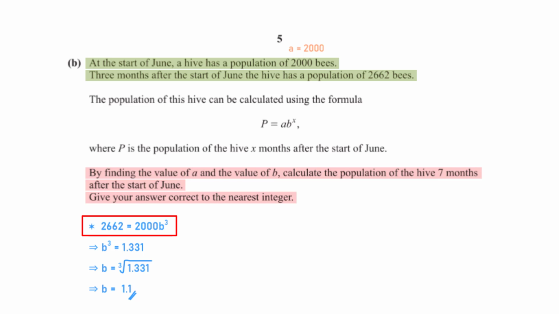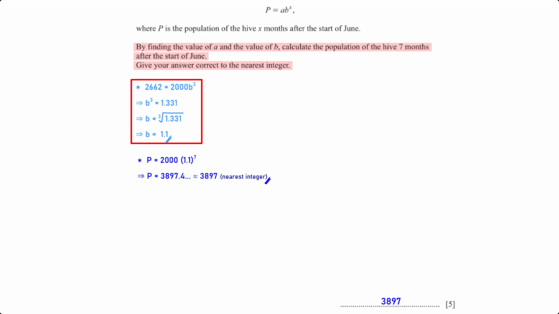When we divide both sides by 2,000, we have B cubed equals 1.331. When we take the cube root of both sides, the cube root of 1.331 is 1.1. Now that we have the values of A and B, the population of the hive 7 months after June is 2,000 times 1.1 raised to the power 7.